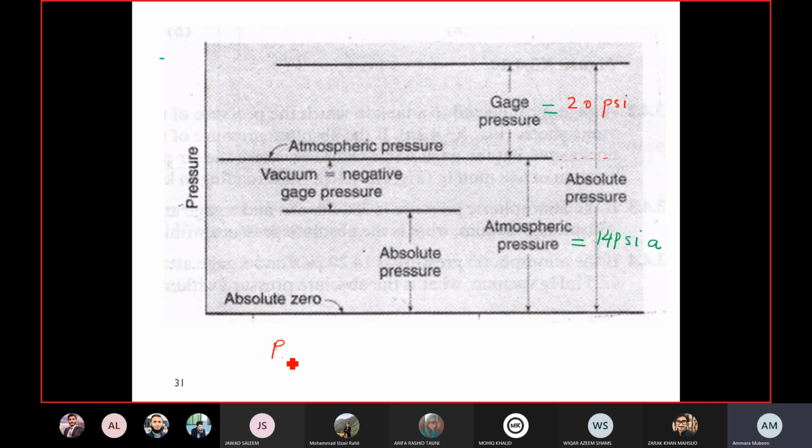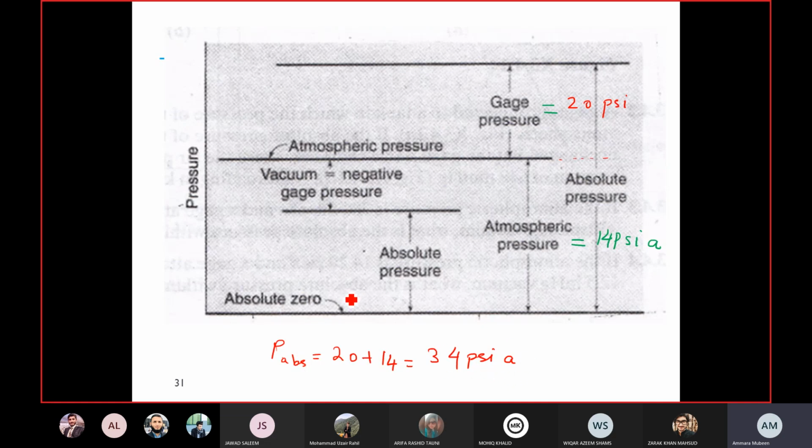So P absolute in this case would be equal to 20 plus 14, and that is 34 psi. So this is absolute pressure. Now I'll be writing small a with this pressure to show that it is absolute pressure.